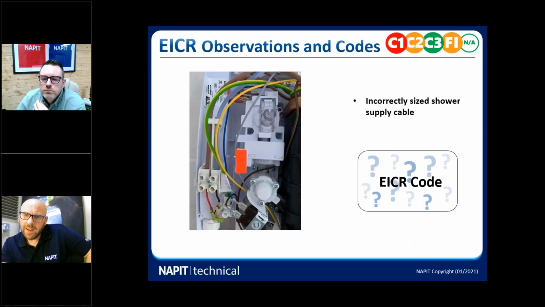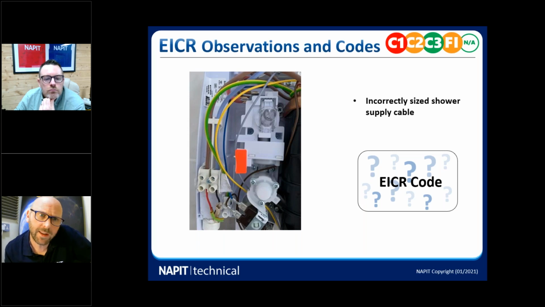Right, we've got an incorrectly sized shower supply cable. You can see at the bottom there, it's about a 1 mil, maybe a 1.5 mil, and you can see the shower terminals have got quite a sufficient size cable there. So it's quite obviously done by somebody that wasn't electrically skilled.